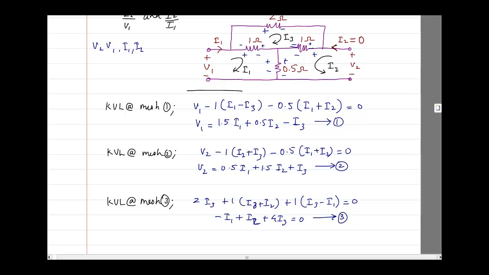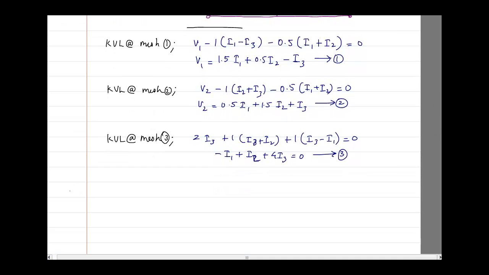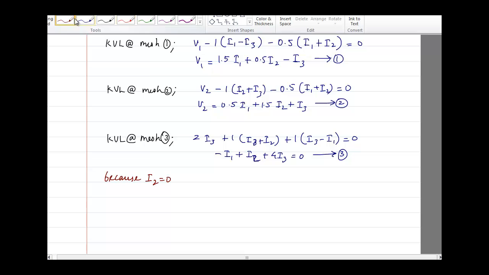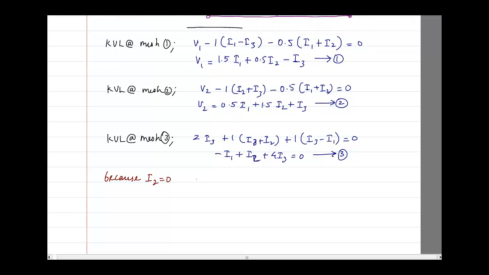If I2 is equal to 0, then what happens to these 3 equations? Equations 1, 2 and 3 become: first, V1 is equal to 1.5 I1, I2 becomes 0, so minus I3, that becomes equation number 4 now.